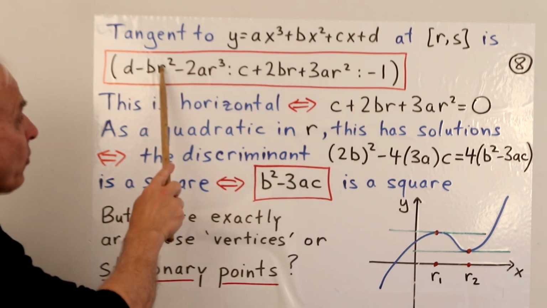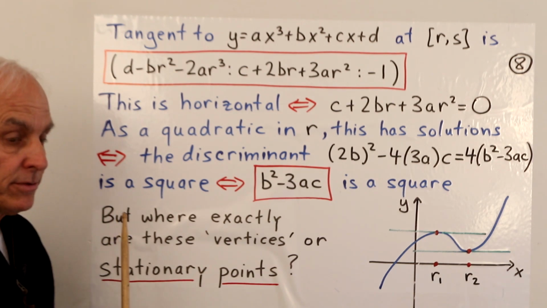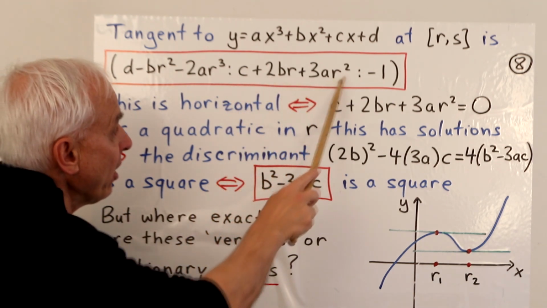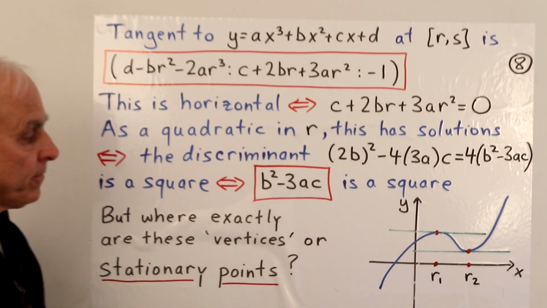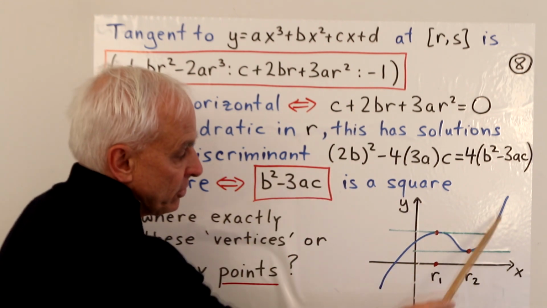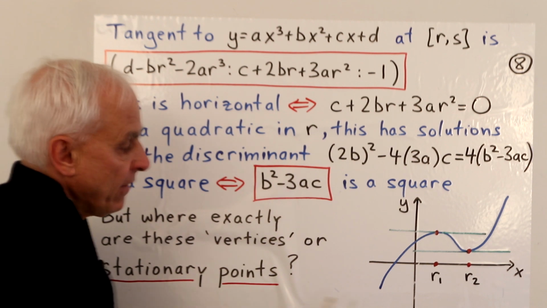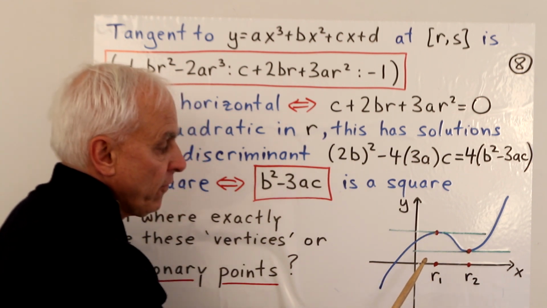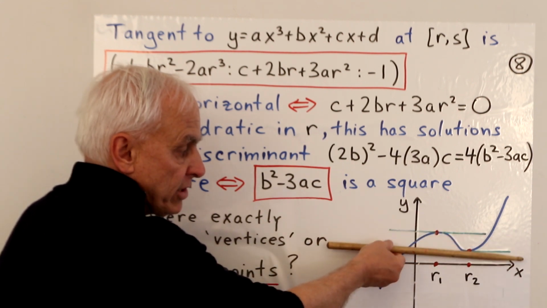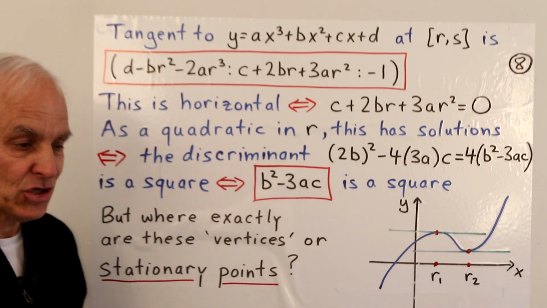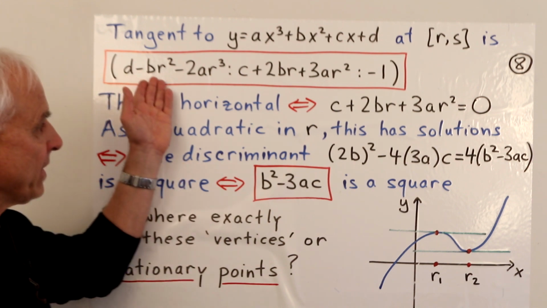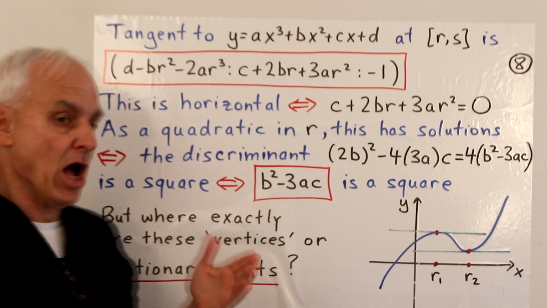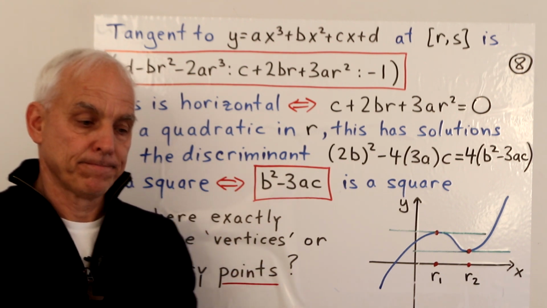D minus br squared minus 2ar cubed, and then c plus 2br plus 3ar squared to minus 1. So picture a cubic, something like this. If we're given an x coordinate, say r1 or r2, we get a point on the curve. We're actually looking for the points where the tangent is horizontal. So we're now having to examine this and say, when is this tangent line giving us a horizontal line?